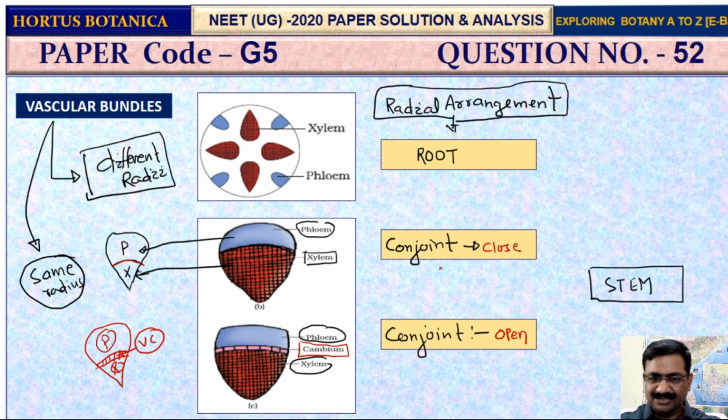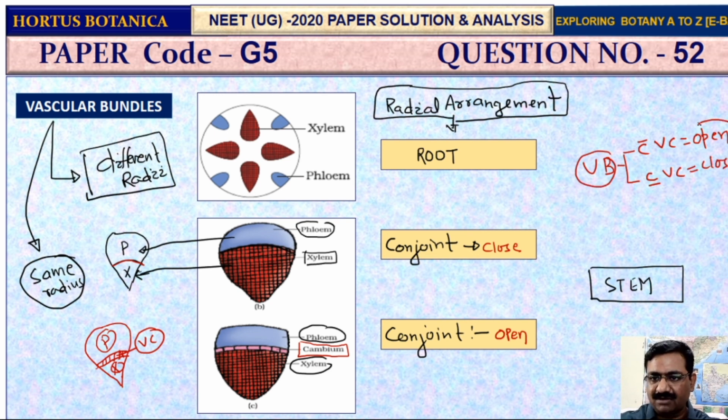Is it clear? So we have two types of vascular bundle. If vascular bundles are with vascular cambium, it is called an open vascular bundle, and if it is without vascular cambium, it is called a closed vascular bundle.